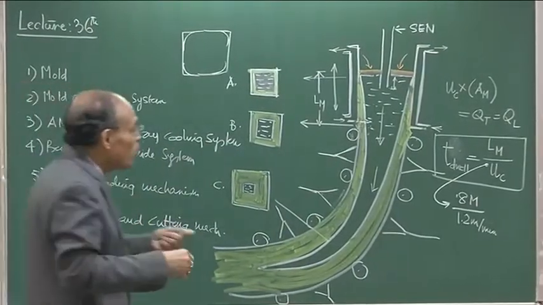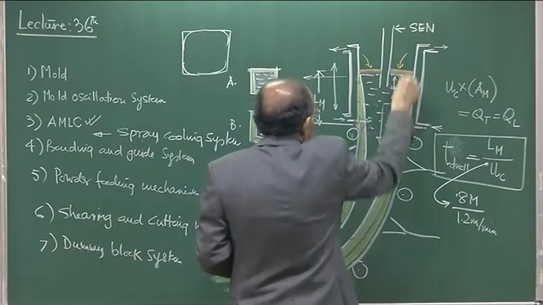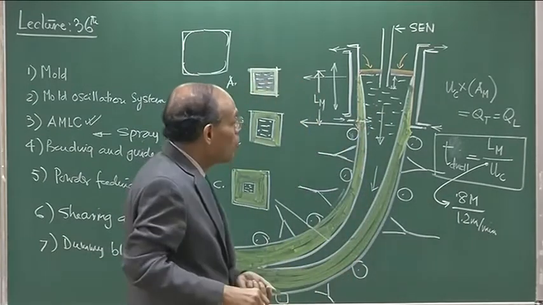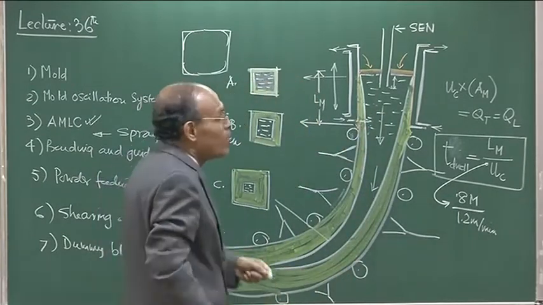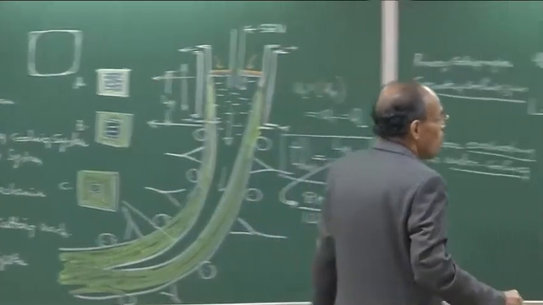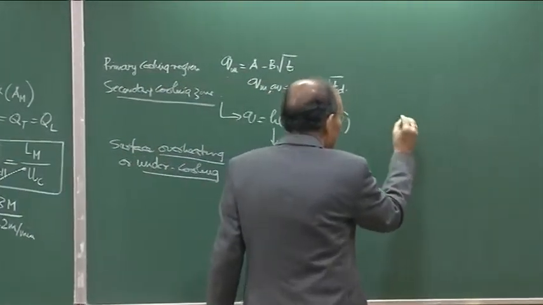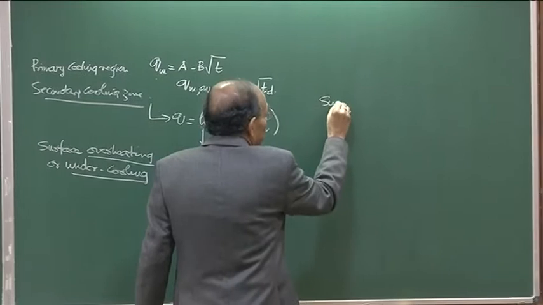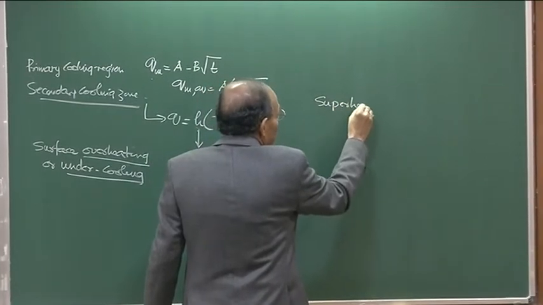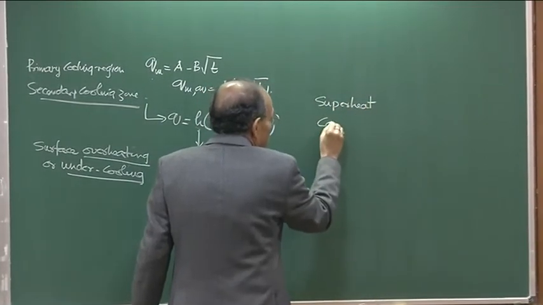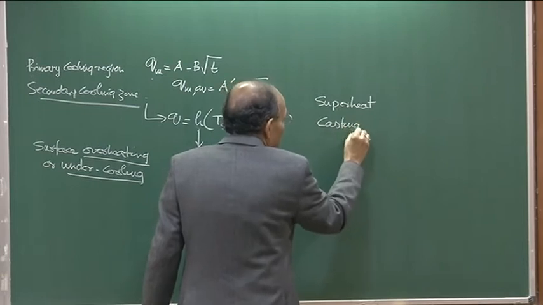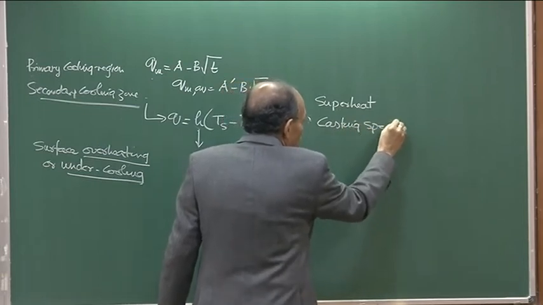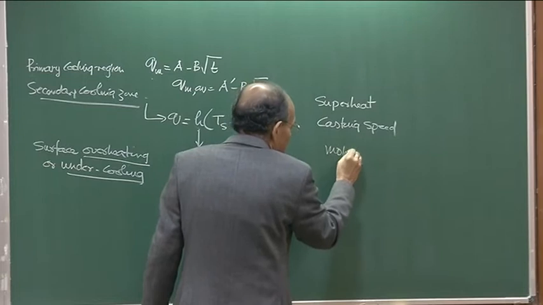So, it is very important to regulate the casting parameters within the mold, and apart from designing the correct powder, the most important parameters for a given mold are the superheat, the casting speed, and mold design and mold taper.